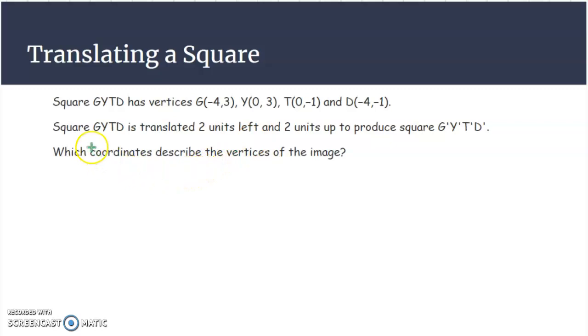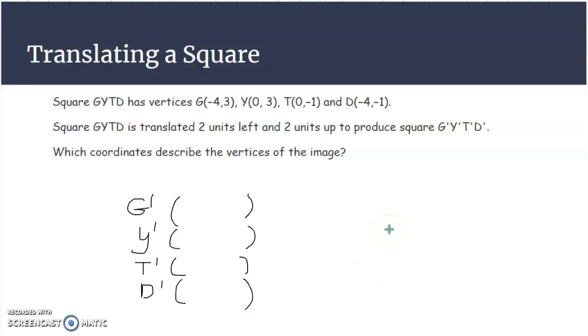And we're telling you that this square is translated to form G prime, Y prime, D prime, T prime, and D prime. So we'll get those set up here. Alright, it's important to note what direction they say it's translated.